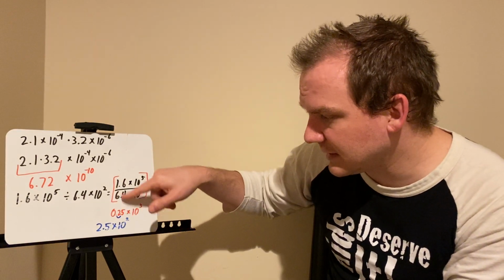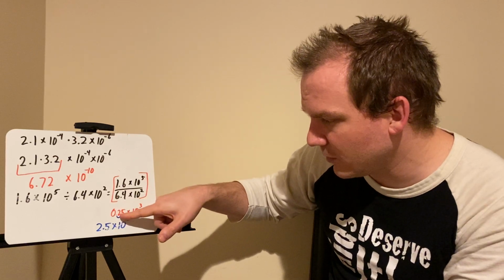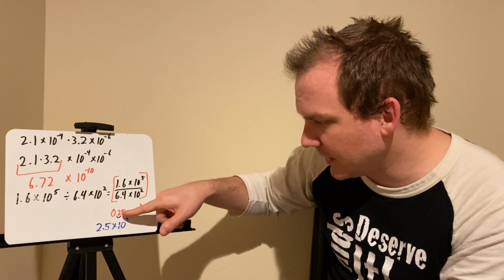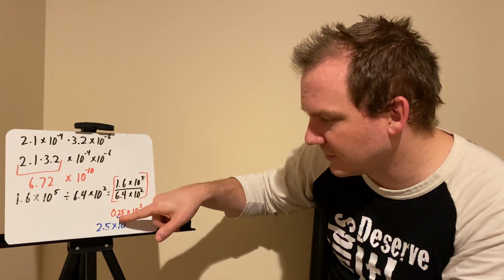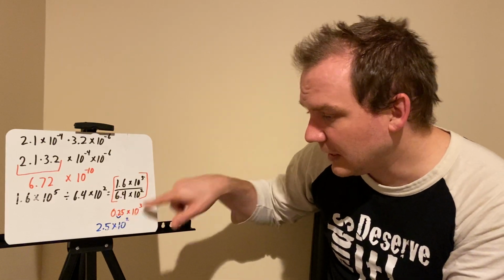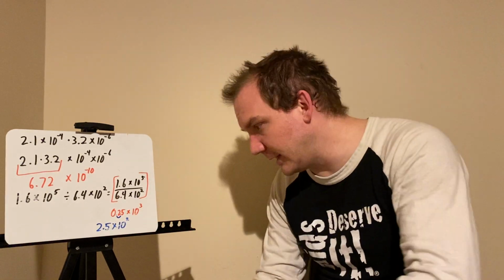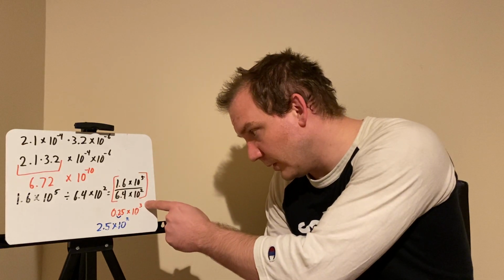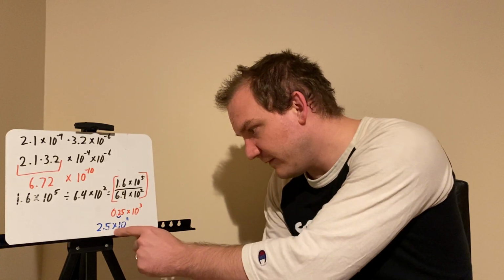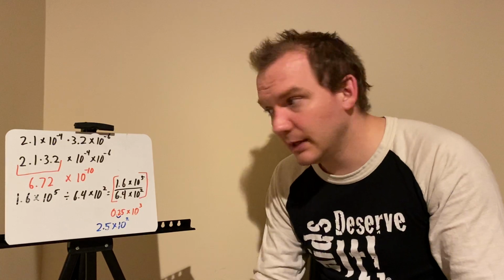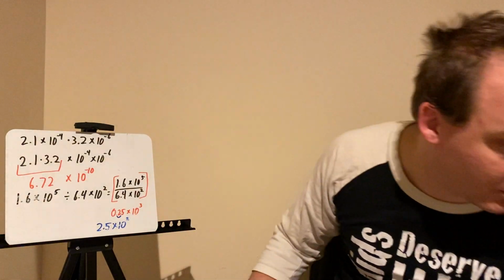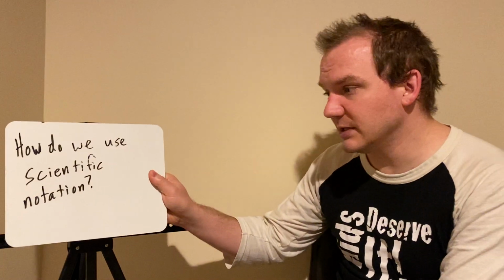Now this mantissa is less than 1, so I have to adjust it by moving my decimal point 1 to the right to get 2.5. And when I move 1 to the right, I take away 1 from the exponent, so it becomes 2.5 times 10 squared. And that would be how you divide. And again, we're all the way back to how do we use scientific notation.